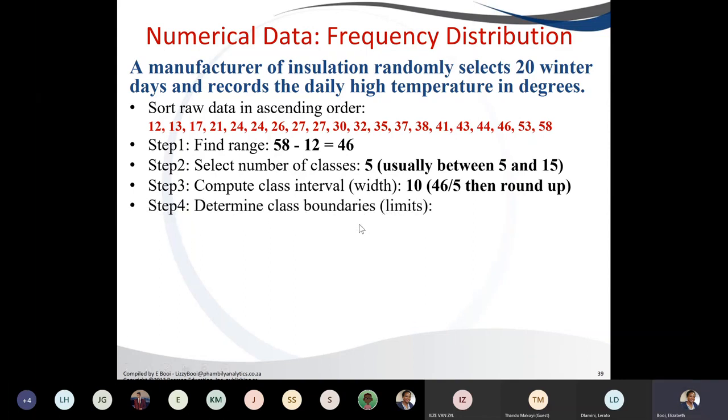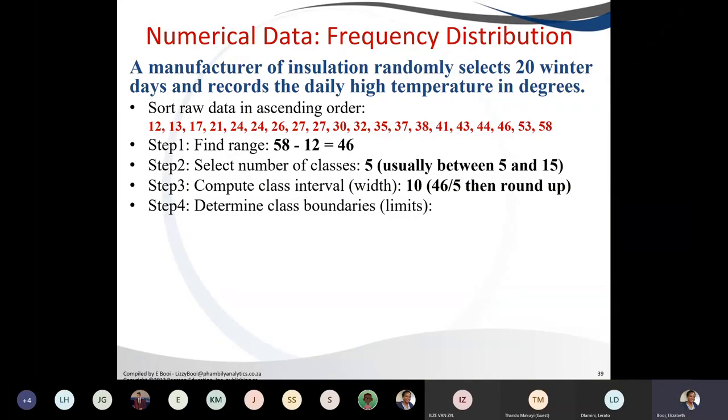So now we use the class width to define our intervals. We can look at the data and determine our first class by just looking at the data and saying our data here starts with 12. So we can start with 10, and then we add 10, then we can end at 20.